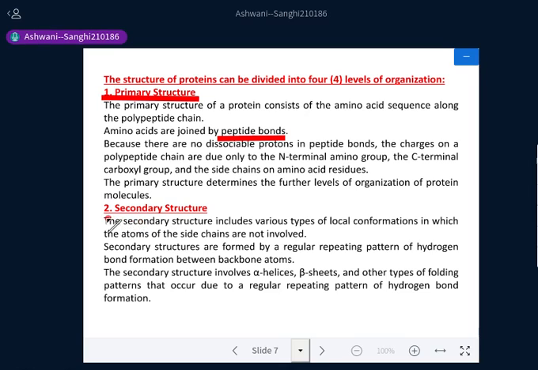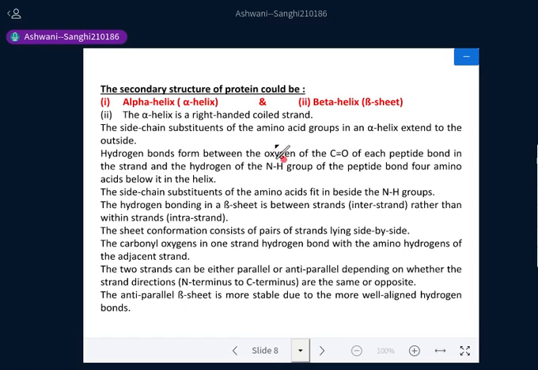Then the secondary structure. The secondary structure of protein contains hydrogen bonds in addition to peptide bonds. On the basis of the nature of hydrogen bonds, secondary structures are of two types: alpha helix and beta pleated sheet.